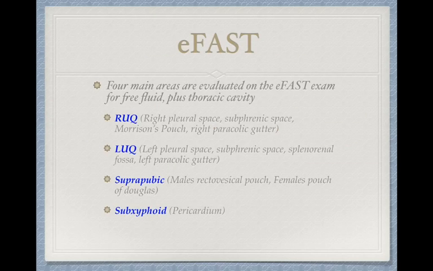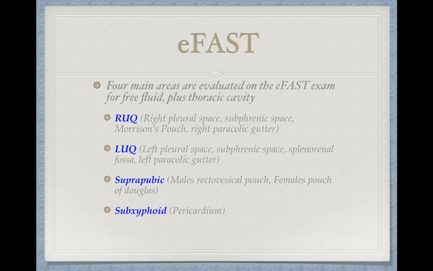Now, as we go through the FAST, we're going to be talking about 4 main areas to evaluate for free fluid. It's a little busy of a slide only because I wanted to emphasize the fact that in the right and left upper quadrant, we're not just getting one view. There's 4 areas that we need to evaluate and say in our minds whether we've seen fluid there or not.